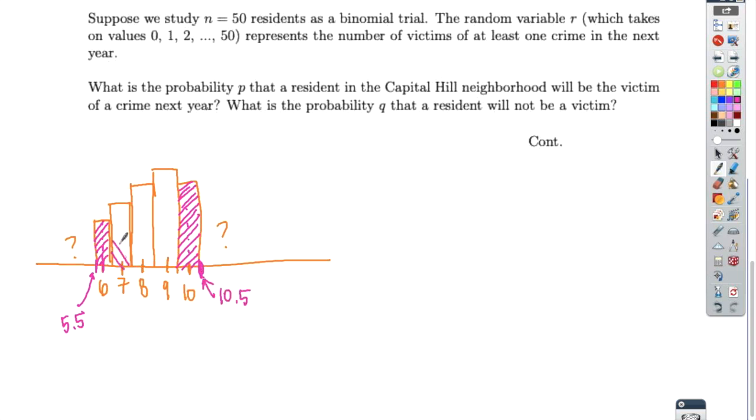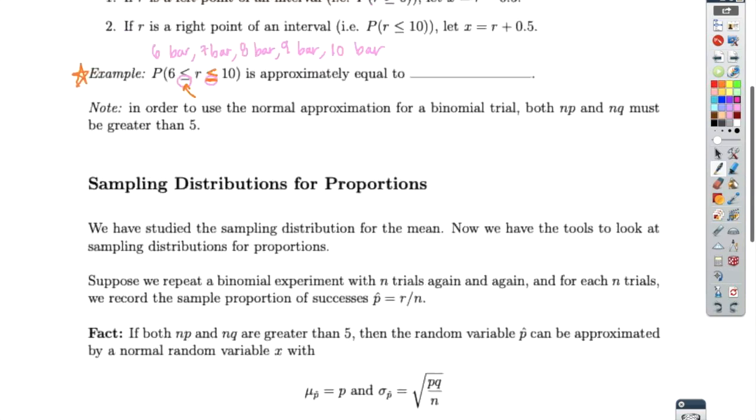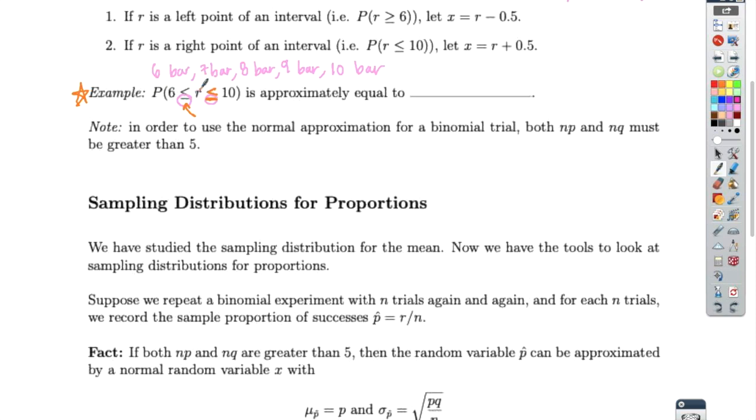So if I want to include all of these bars, everything from 6, 7, 8, 9, and 10, I need to start finding the area at 5.5, and I need to stop finding the area at 10.5. So, using this continuity correction, the probability that the number of successes is between 6 and 10 is actually equal to the probability that x is between 5.5 and 10.5, because this is where the bars would actually start and end.